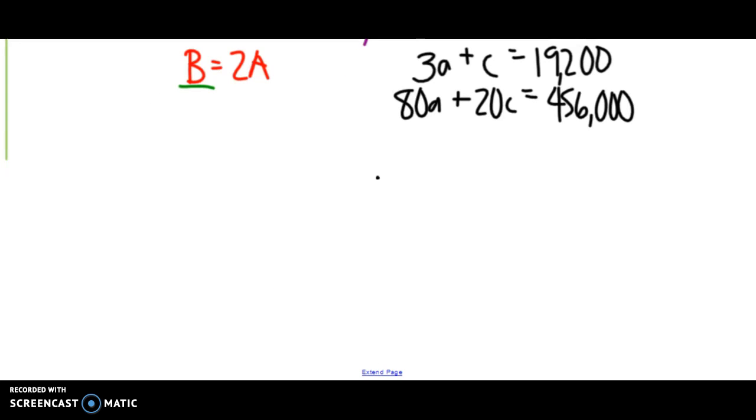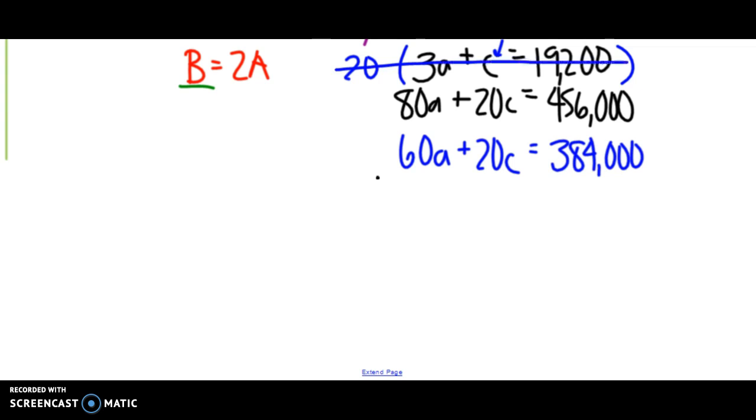Okay? Well, the easiest I would say is, check it out, c and c. So I'm going to multiply the whole top by 20. Okay? That way, this becomes 60a plus 20c is equal to, and then 19,200 times 20 is 384,000.